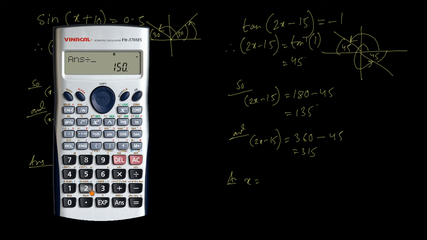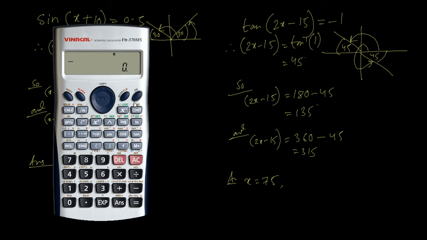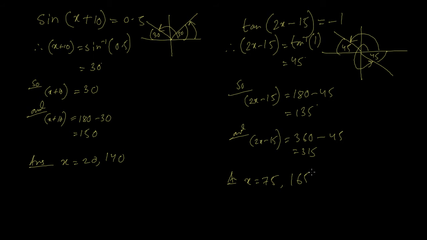Now if you send the 2 downstairs divided by 2, that would be 75. So the first angle would be 75. Then you have 315 plus 15, which is going to be 330 divided by 2, that is going to be 165. So these are the answers.